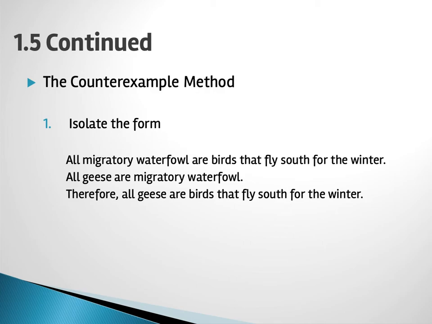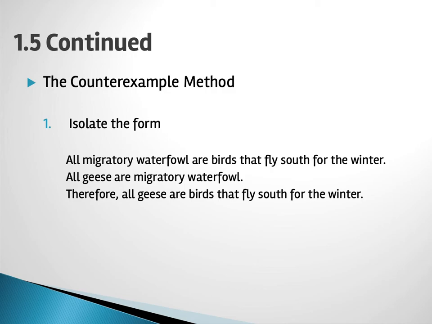So you could take migratory waterfowl and use any variable. You can use A, you can use M for migratory waterfowl. It doesn't matter as long as you're consistent. So you can say all A are birds that fly south for the winter. We'll say B, all A are B. All geese are migratory waterfowl.